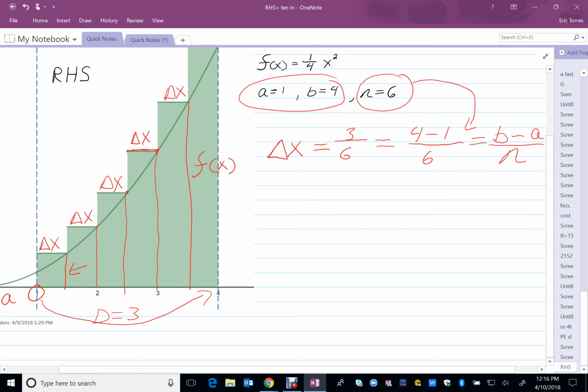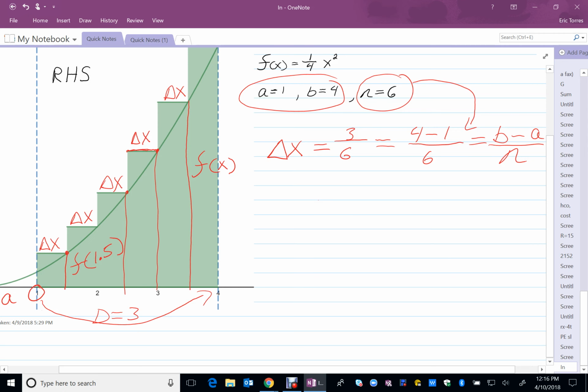Once I know that amount, I'm going to give myself some room to write here, I can find this y value here. This is going to be f, not of 1, but of 1.5. And that'll give me my very first rectangle's height.